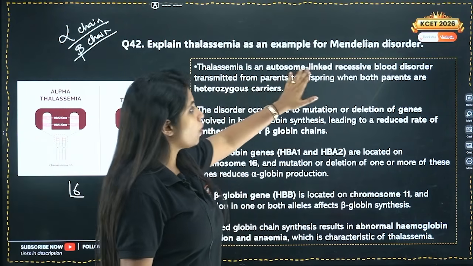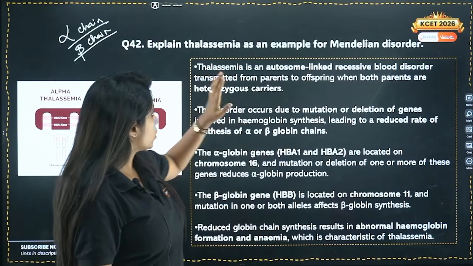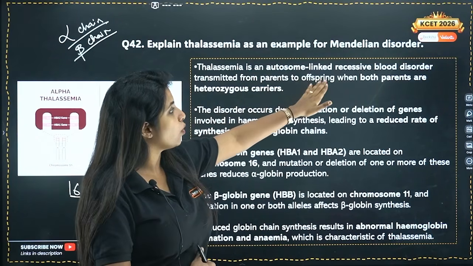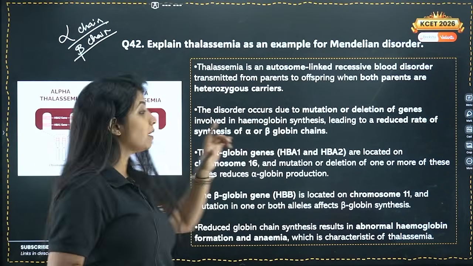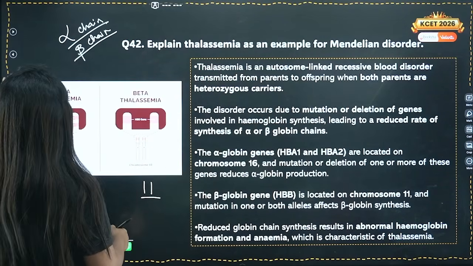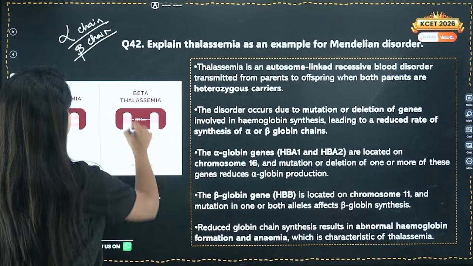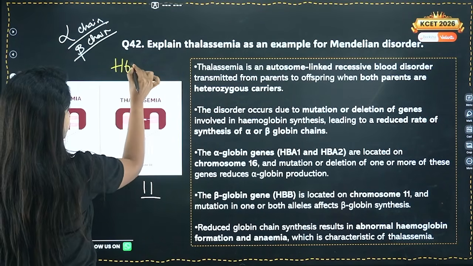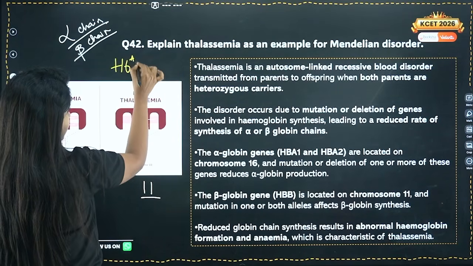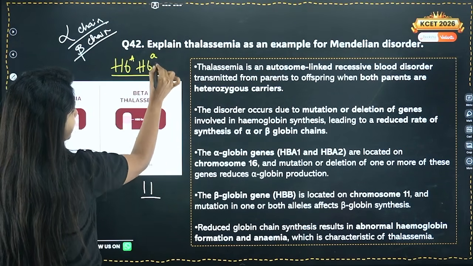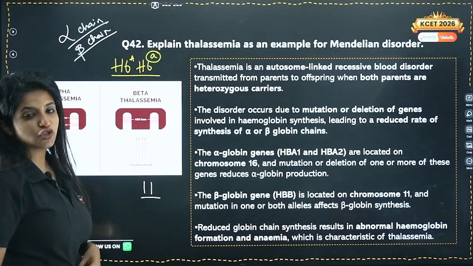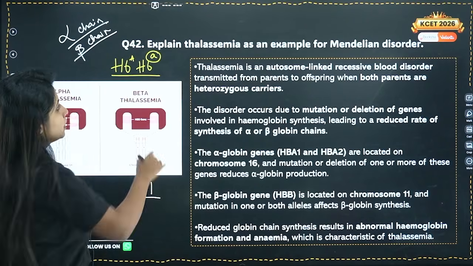So thalassemia is an autosomal recessive blood disorder transmitted from parents to offspring when both the parents are heterozygous carriers. Both of them are carriers. So suppose, my dear children, I assume that HB A and HB small a is there in one parent. This small a shows that my gene is defective.